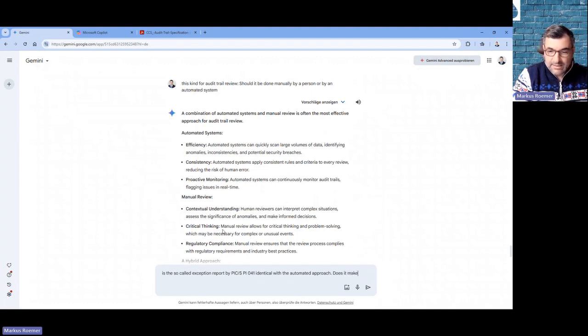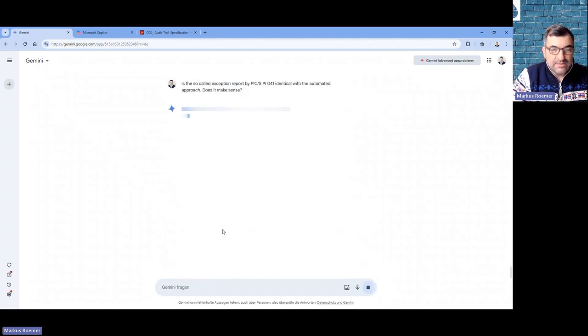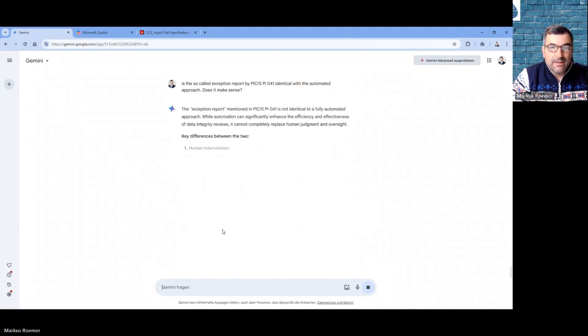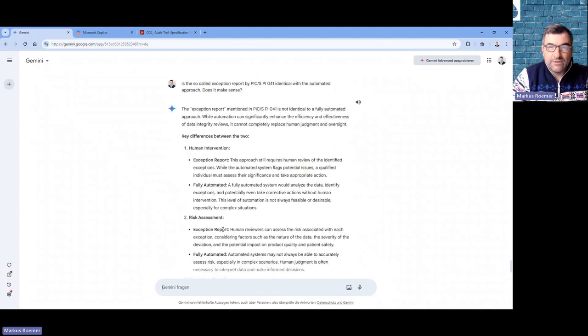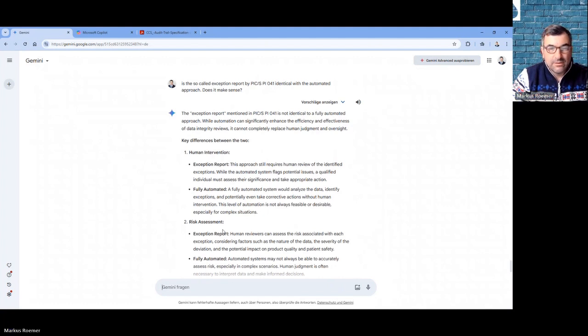Does it make sense? However, Germany does understand what makes sense and what is nonsense. It's not intended to be a fully automated approach. While automation can significantly enhance the efficiency and effectiveness of data integrity reviews, it cannot completely replace human judgment and oversight.